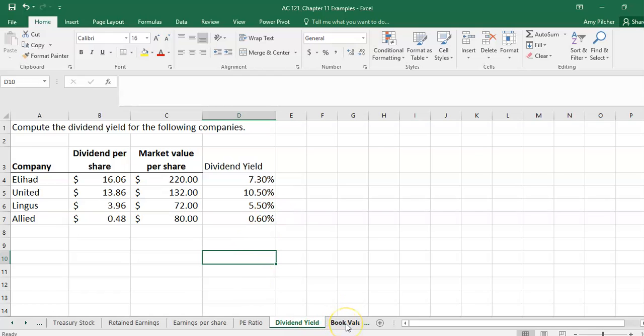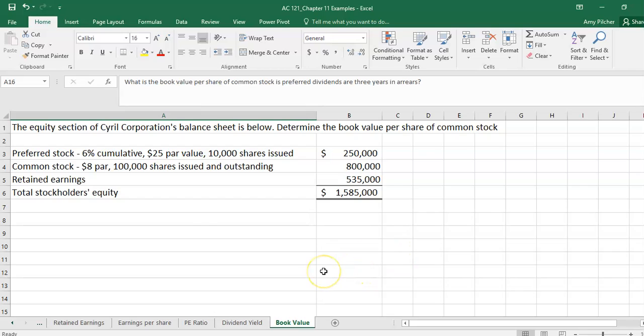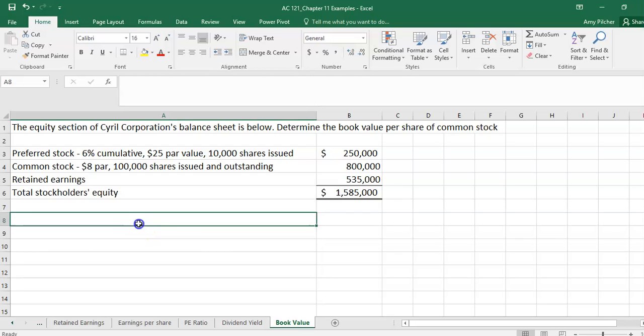The last example in this chapter is the book value of common stock. So the book value of common stock is different than the market value of common stock. The book value of common stock shows kind of the carrying value of common stock. So this is our stockholders' equity minus any preferred share information divided by the number of shares of common stock. So we would have the common equity available to common shareholders.